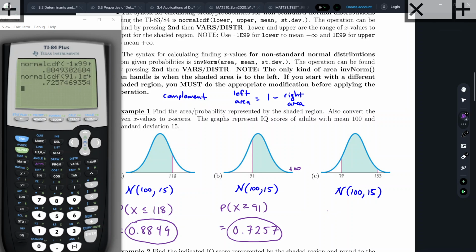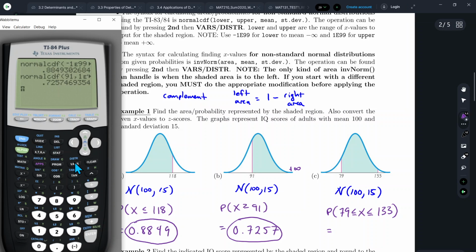And then finally, the last one, the shaded region is in between two x values. So it's the probability that x is between 79 and 133. And so again, I use the normal CDF command. The lower bound will be 79.